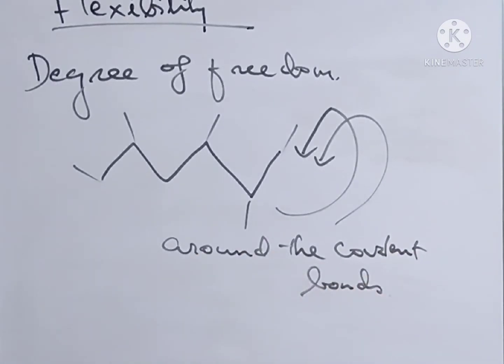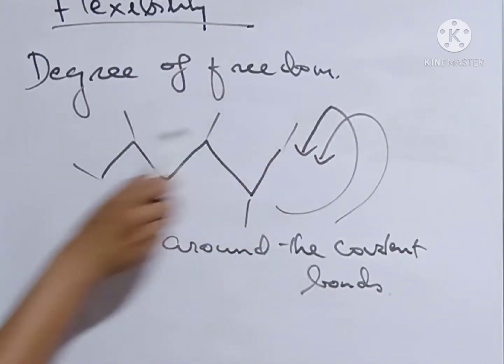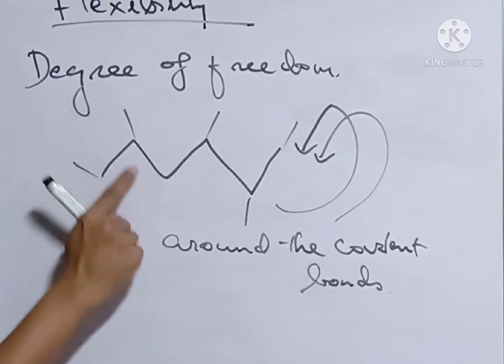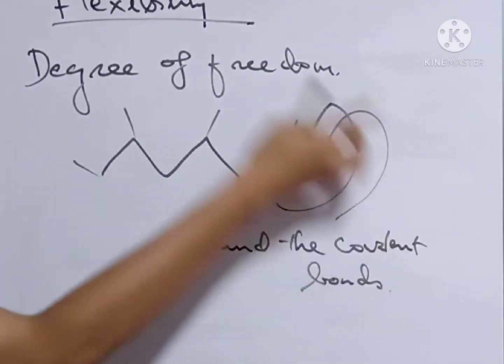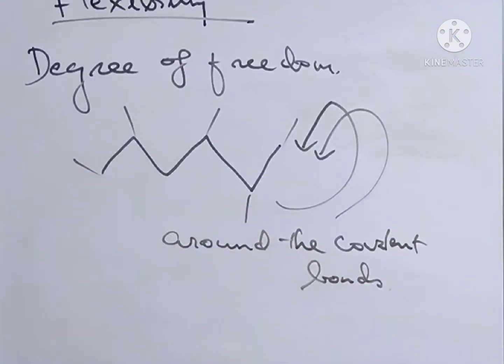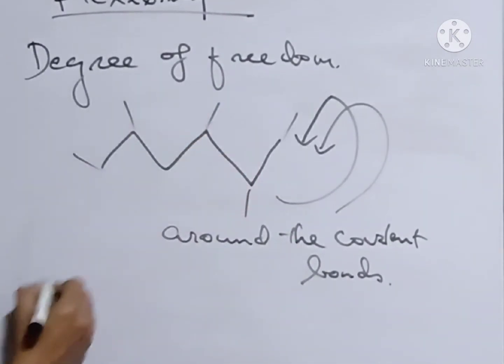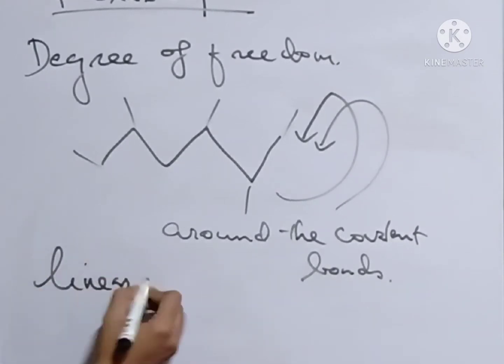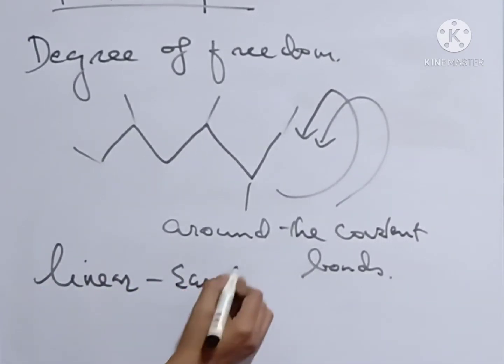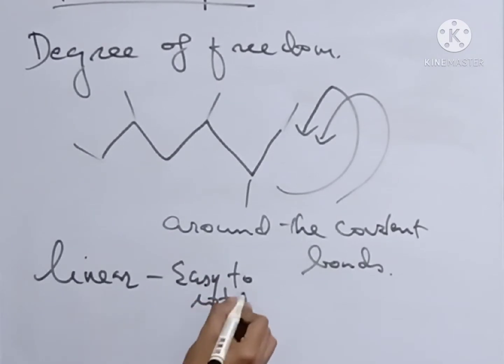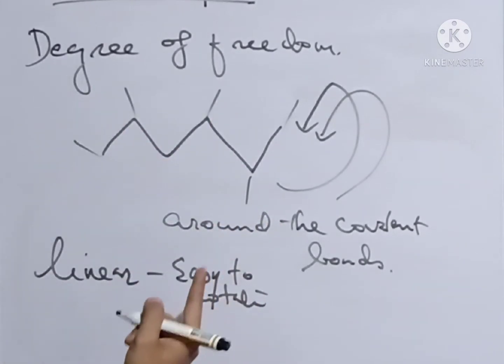So flexibility is determined by the degree of freedom with which the segments along the polymer molecule can rotate around the covalent bonds. If the polymer chain is linear, then it is easy to rotate. That is, the degree of freedom is very high.